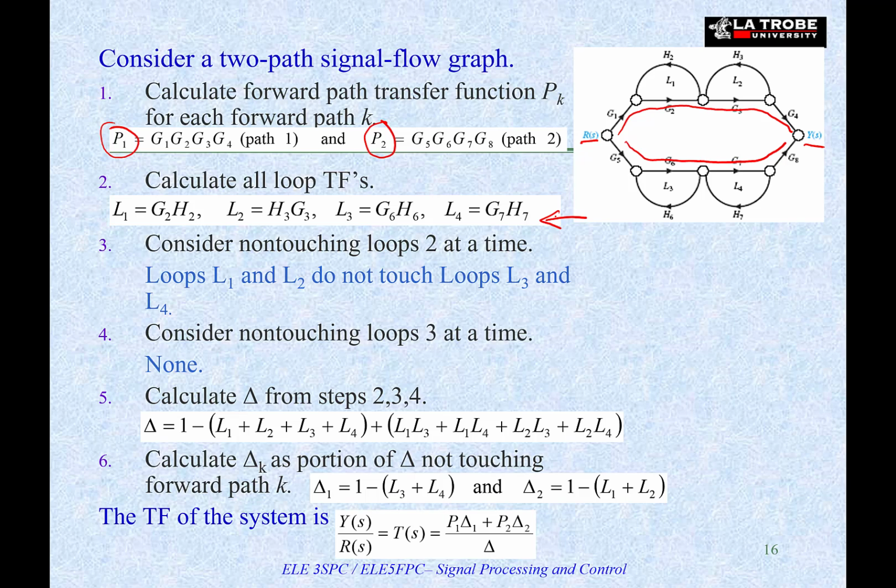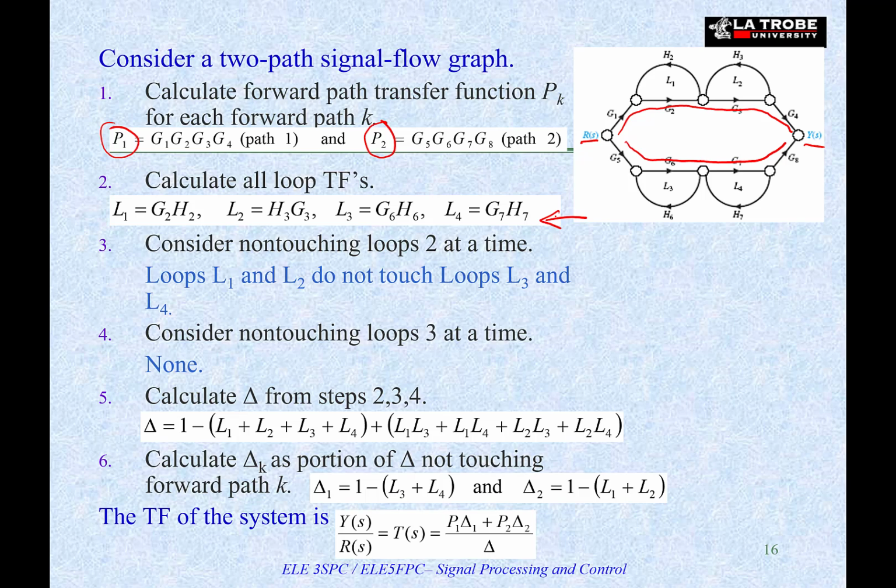After that, you need to identify whether your signal flow graph contains any non-touching loops. You need to look at 2 non-touching loops at a time, then you move on to 3 non-touching loops, if any. In this example, we can see that this signal flow graph only contains some 2 non-touching loops. Because loop 1, L1, does not touch loop 3 and it does not touch loop 4.